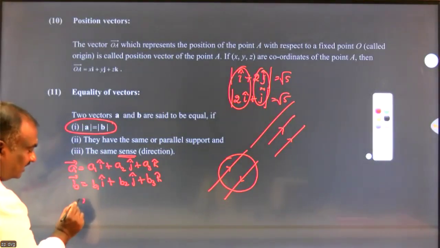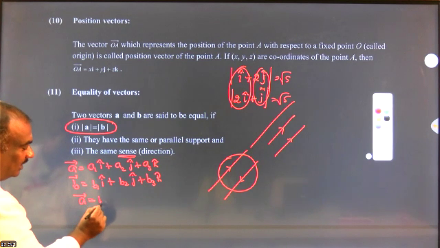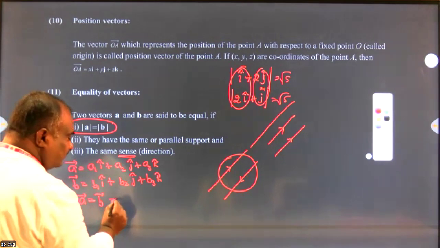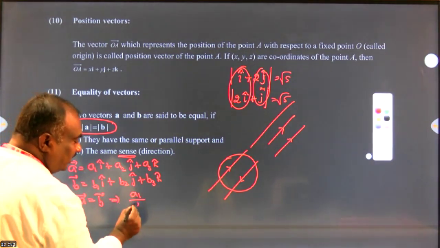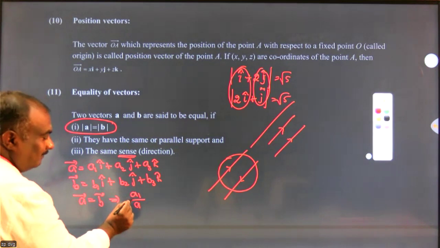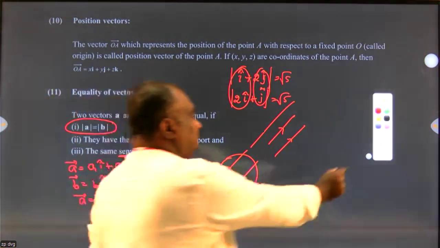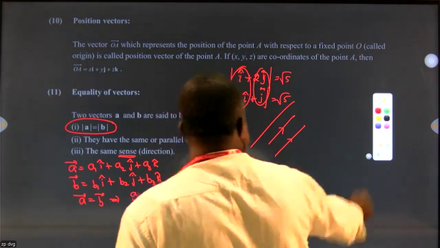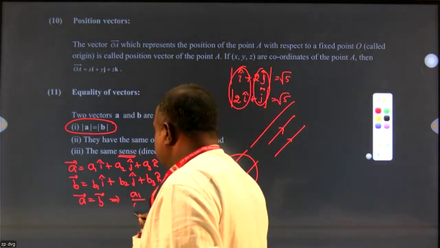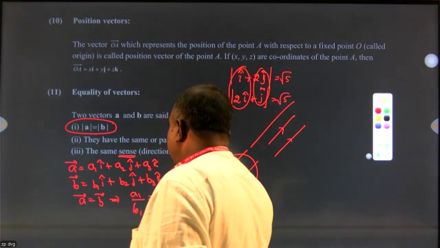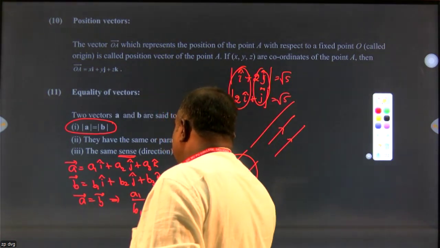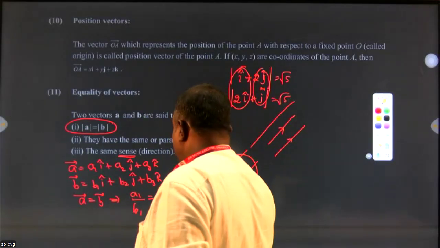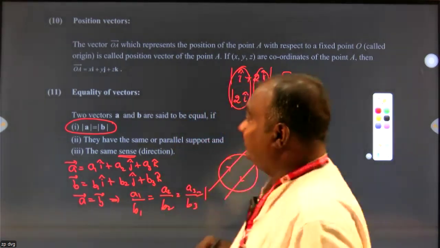Now, if these two vectors are equal, we denote it as a bar is equal to b bar. The main condition is a1 by b1 is equal to a2 by b2 is equal to a3 by b3, and this ratio is equal to 1, not any lambda.